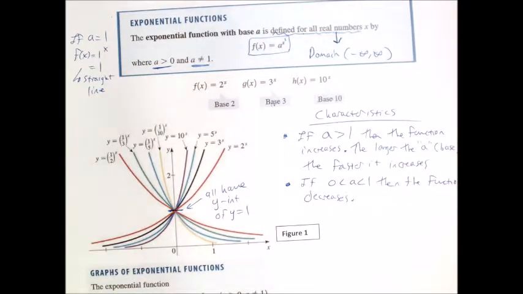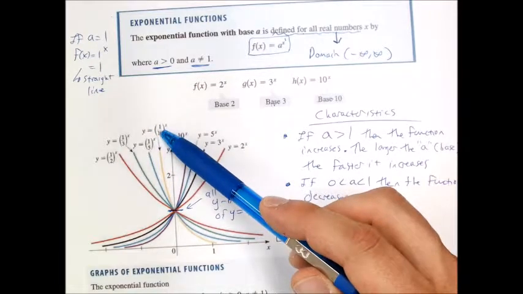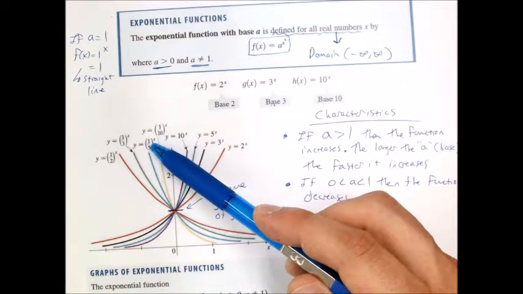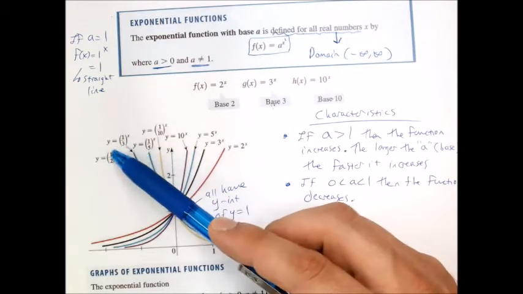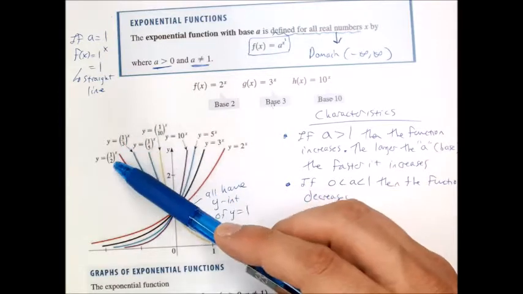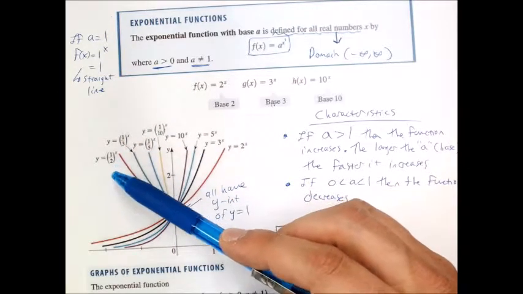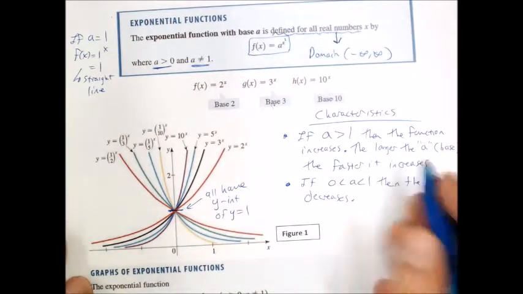And the characteristic that we can see here is that notice how 1/10 is the steepest decreasing one, 1/5 is the second steepest, 1/3 is the third steepest, and 1/2 is the least steep. And so the closer these numbers get to 1, the less steep they are, or the flatter they are. I think of them as being flat. And so that's what I want to say.